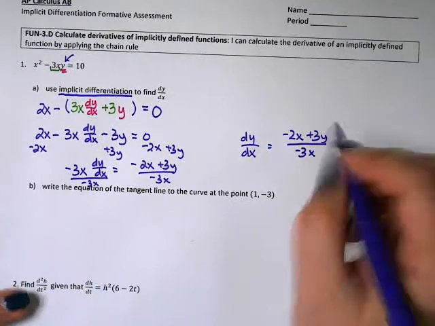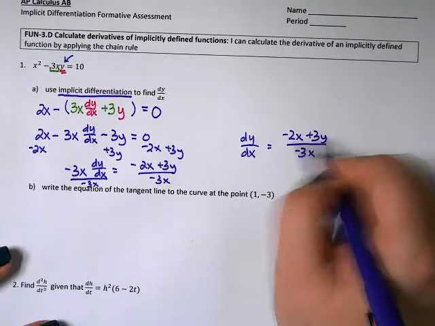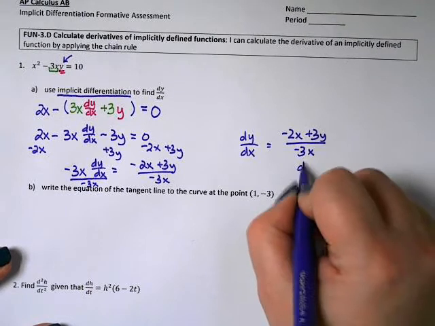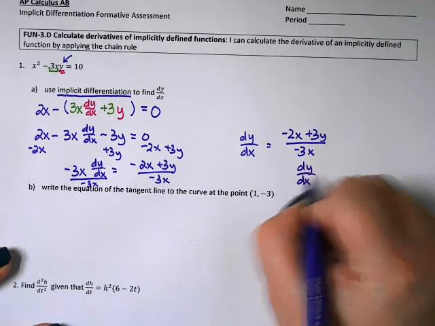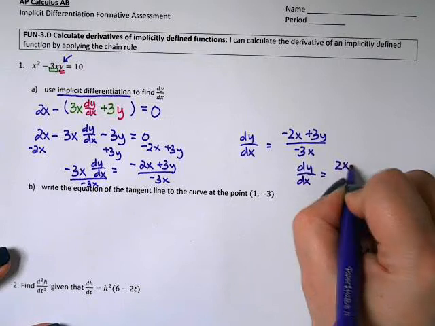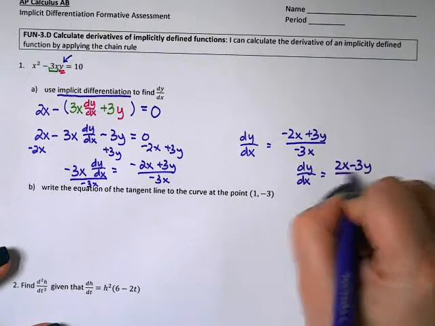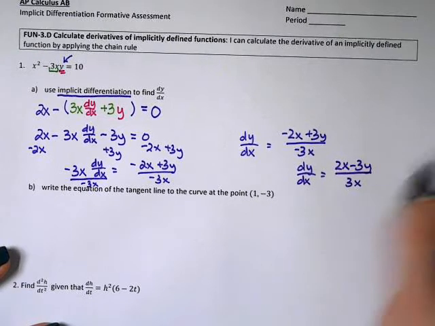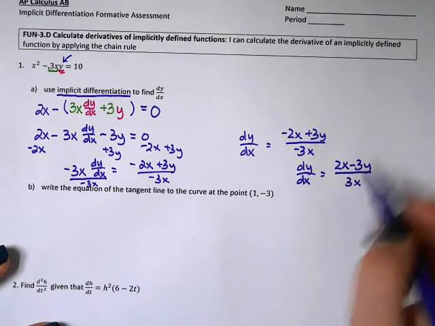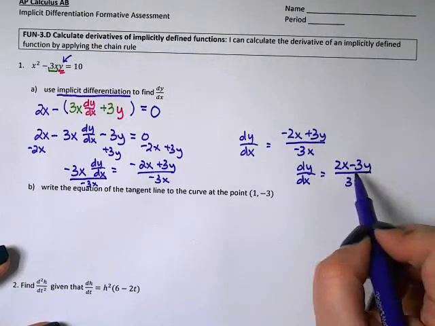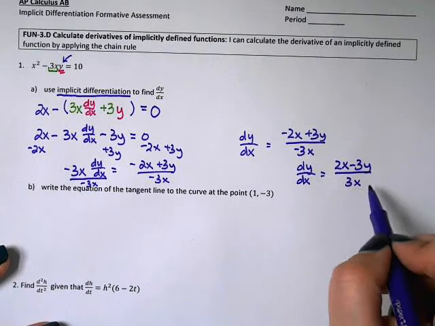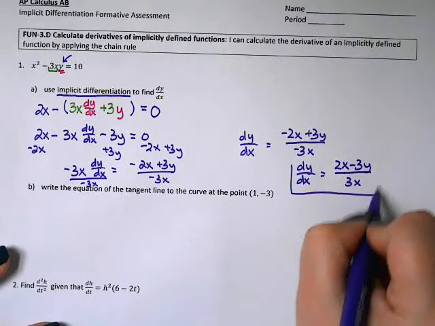Now just to get rid of the negative on the bottom, I'm going to take out a negative so that I get dy/dx equals 2x minus 3y all over 3x. So all I really did was factor out a negative on the top and cancel it so that I don't have a negative on the bottom anymore. But this is my first derivative.